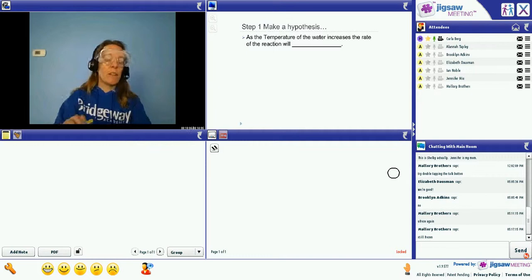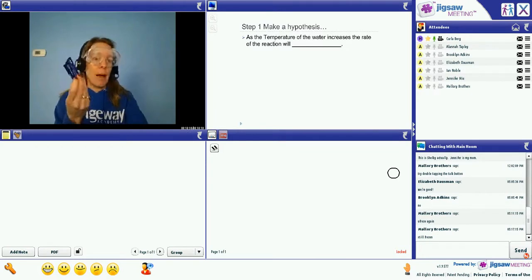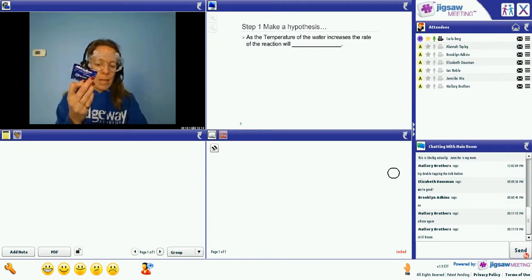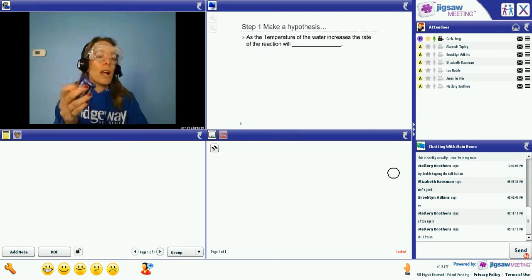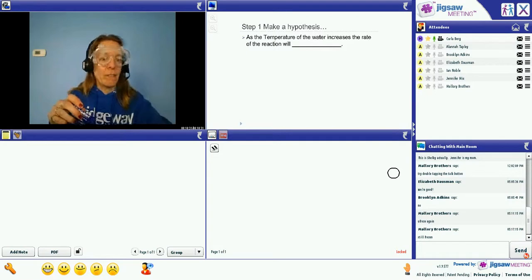Now I'm going to give you a little bit of information about Alka-Seltzer because it may be that you know nothing about Alka-Seltzer. So Alka-Seltzer is used if you have an upset stomach or acid indigestion. You would just kind of feel your stomach feels bubbly. And what it does is it calms, it's an antacid. It calms the acids in your stomach.